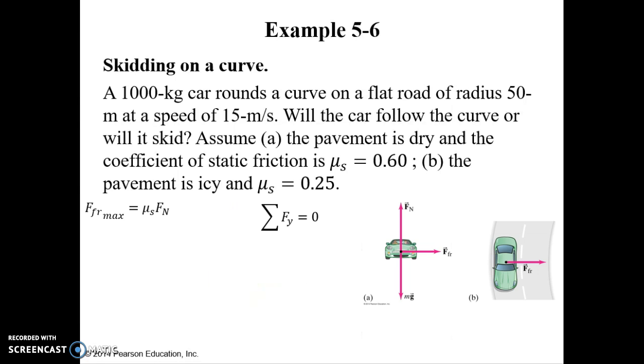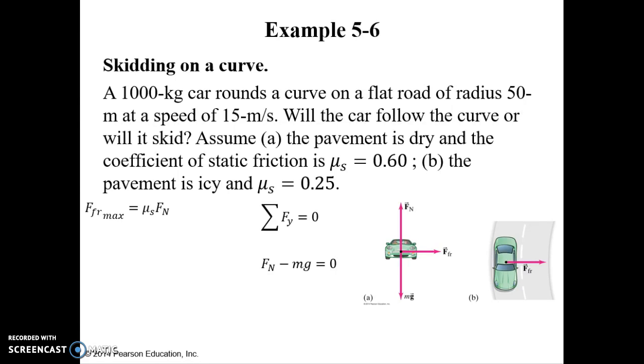In this example, since we're concerned about the car not sliding and relying on static friction, we need to find the maximum static friction to compare with if our car will slide or not. But first, we need to sum the forces in the y direction to eventually solve for the normal force value. The sum in the y direction equals 0 because the car is not flying and it's not sinking in the ground.